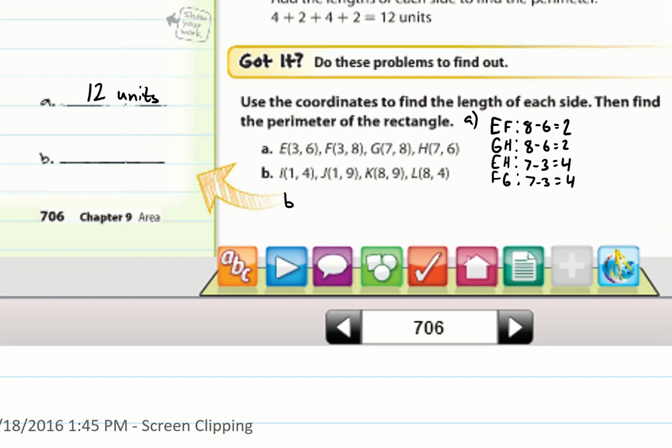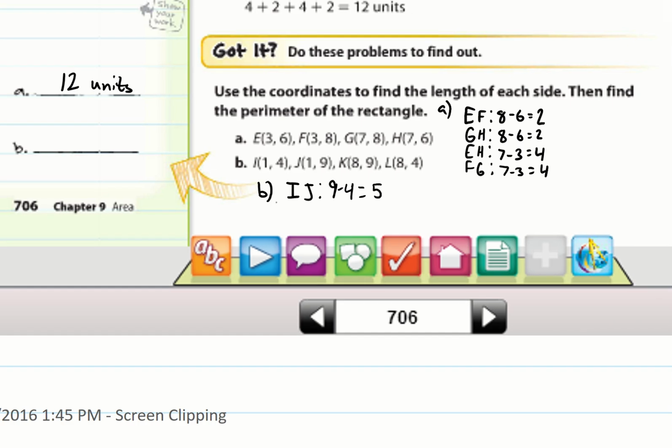With B, the first ones I'm going to do are I and J. So I have (1, 4) and (1, 9). My 1s are the same, so I'm going to subtract my y's. So it's going to be 9 minus 4. That's going to equal 5.